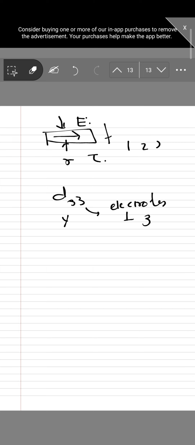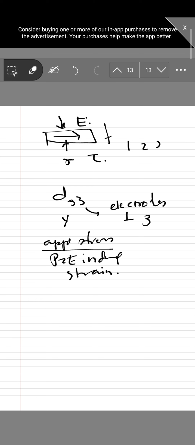This represents the applied stress which has been applied and which has caused a piezoelectric induced strain in this direction. In the S direction, the strain is in the S direction, and this D is nothing but the strain divided by the applied electric field.